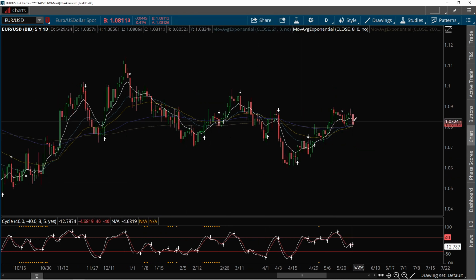Right now you got a nice sell for the running flat to the downside, and you don't want to see a close above this candle. You don't want to see a close above this candle on the daily chart. And you want to trade in the direction on the lower time frame. What I like to do is trade in the direction of my daily signal, my most recent daily signal.